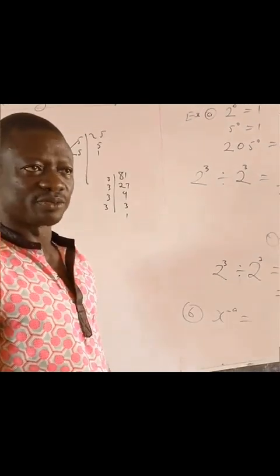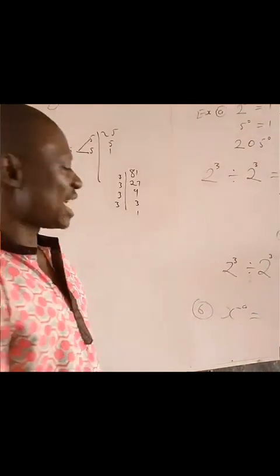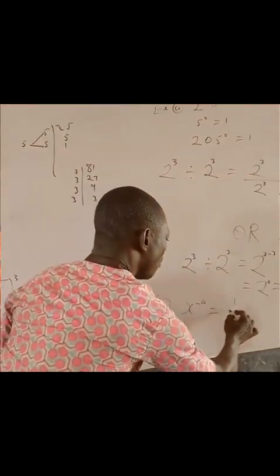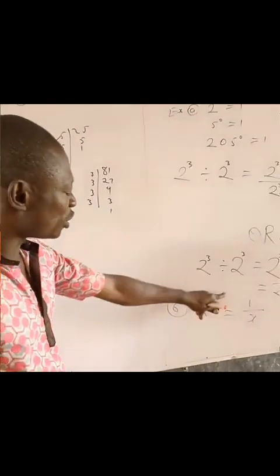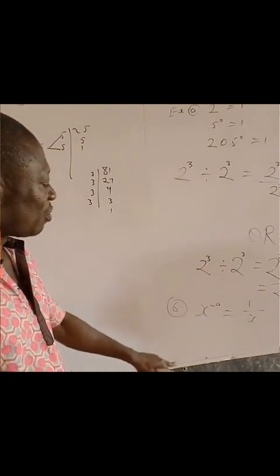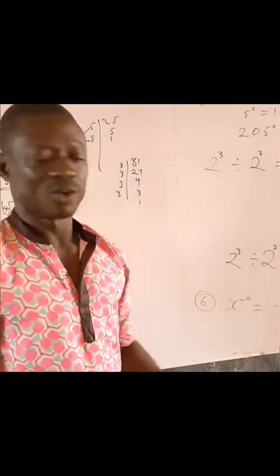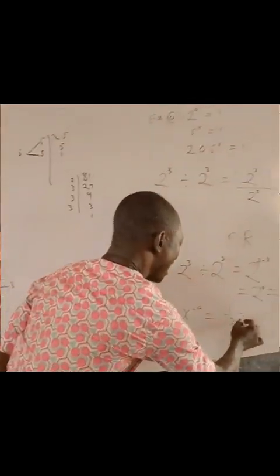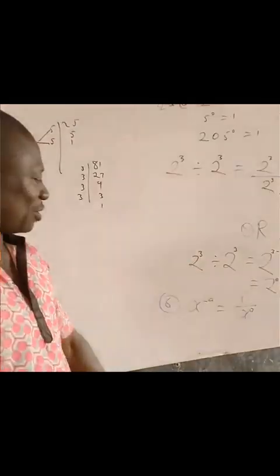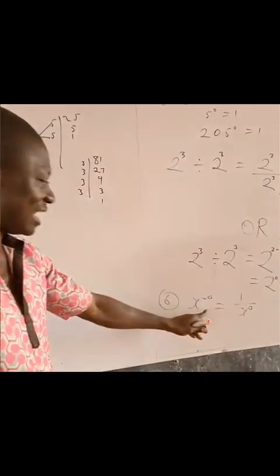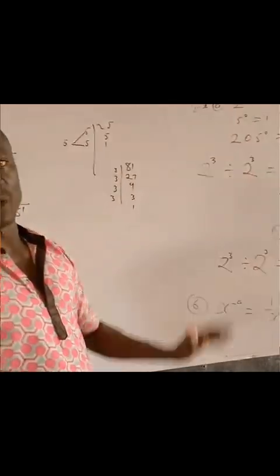It's as if we are going to say 1 over x. Immediately put 1 on top, make your dividing line, and let the negative sign go. So we are going to have 1 over x raised to the power a.